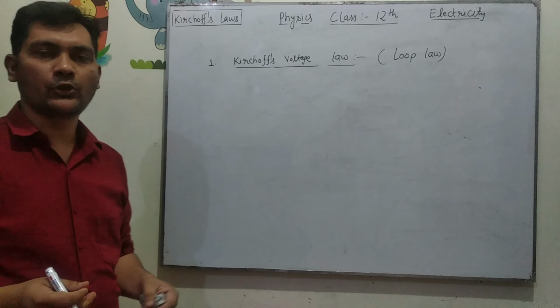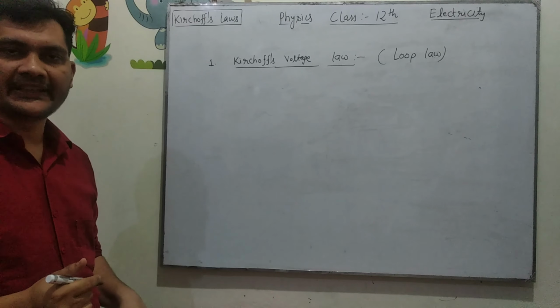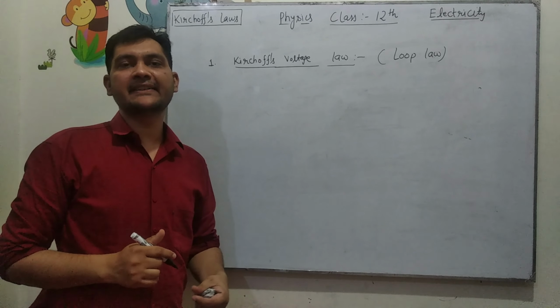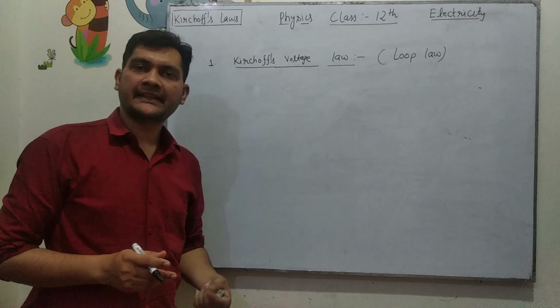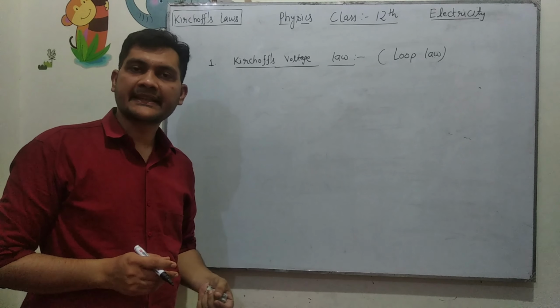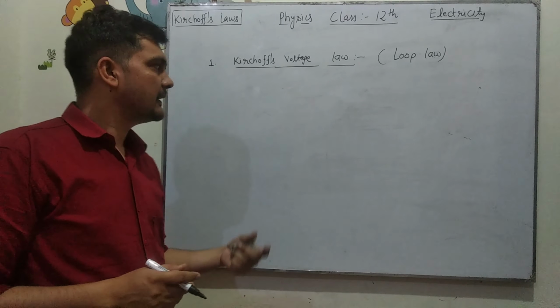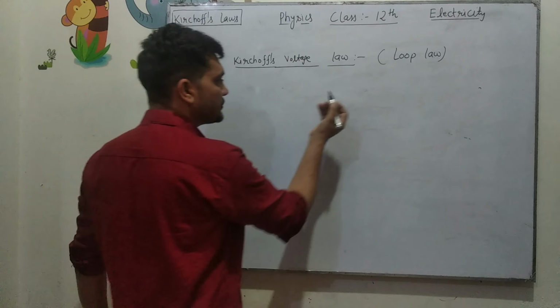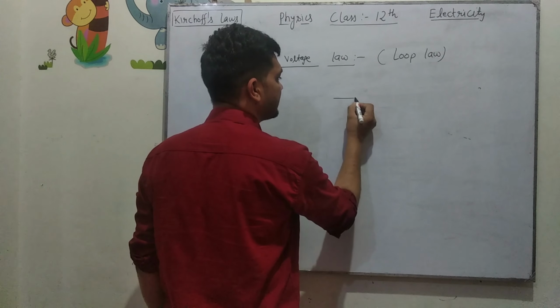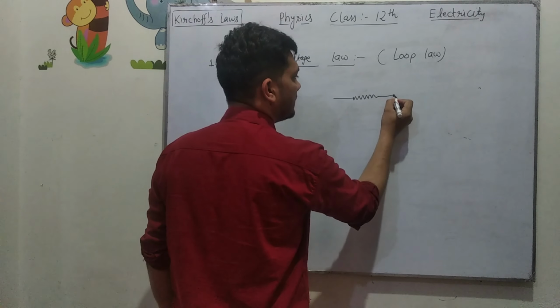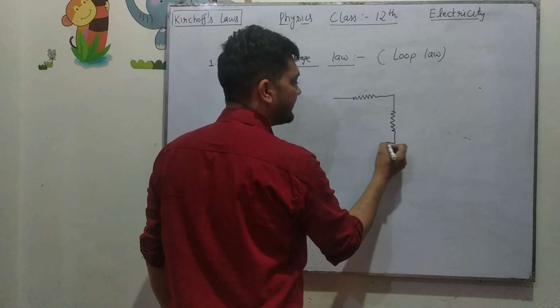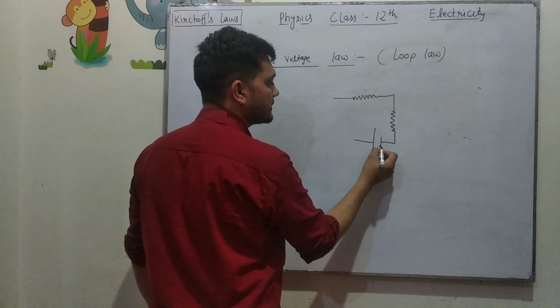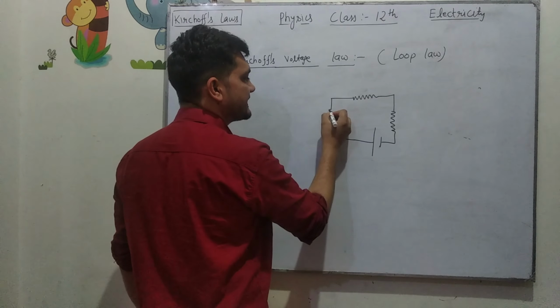We take a loop, a closed loop, in which current is flowing, and there are various elements of the circuit. These are resistance, say a battery, and the connecting wires. Suppose this is a part of a closed circuit. Say this is a loop, and in this loop we have various sources of EMFs and some resistances.